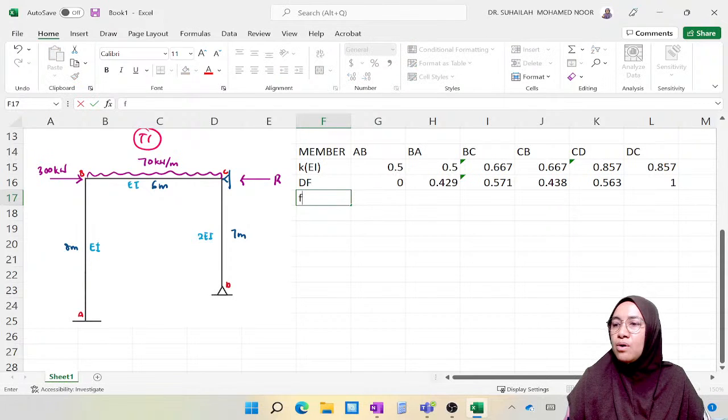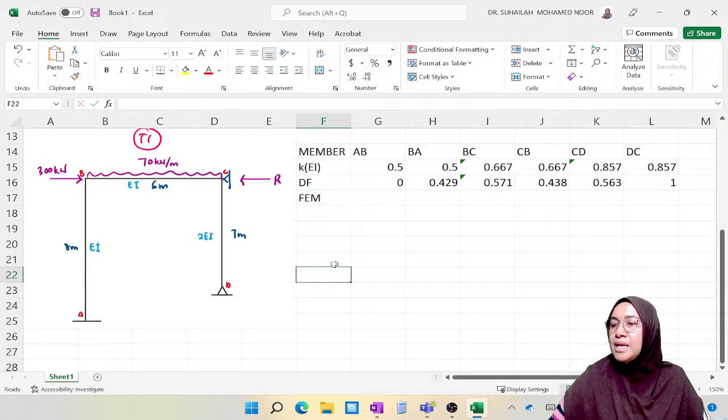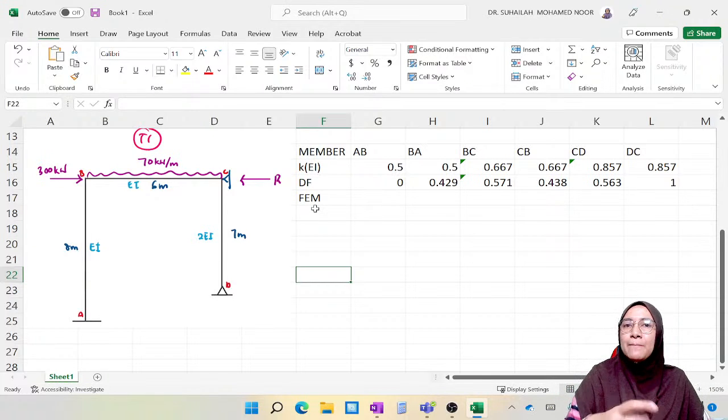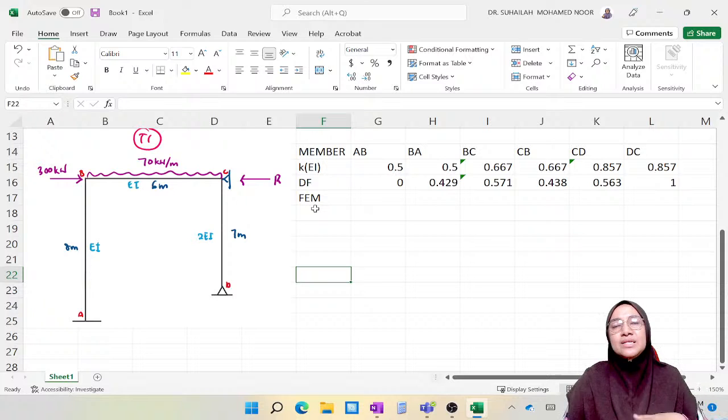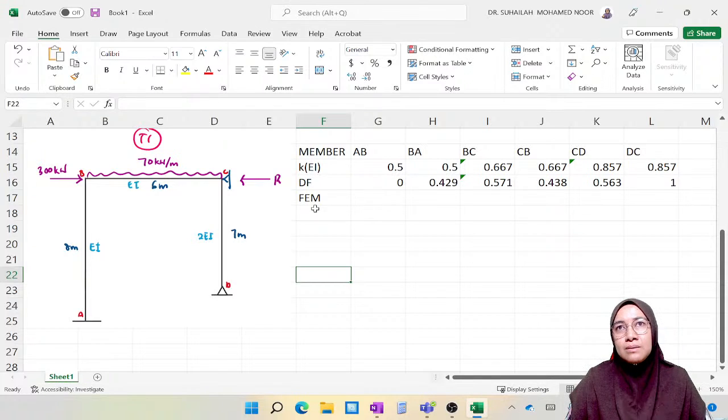This is the FEM for the first table. We only have FEM whenever a member is loaded. It is just like distributing the UDL equivalently, like what we have done in the stiffness matrix method. AB has no value, CD also has no value. We only get an FEM value for BC. It is W, 70 kN per meter along 6 meter length.